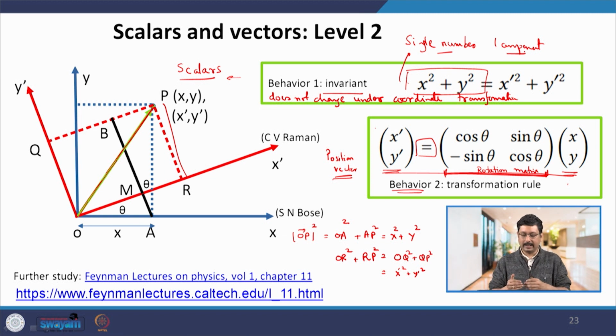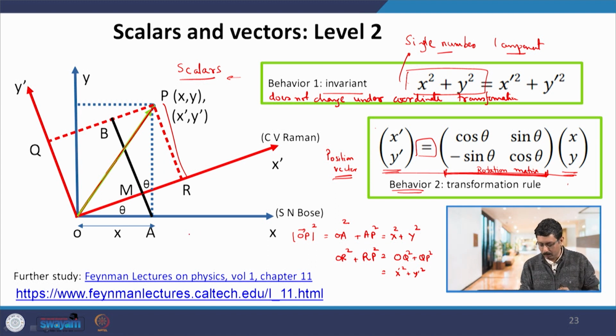The relation of the components in the blue coordinate system and in the red coordinate system has exactly the same form.